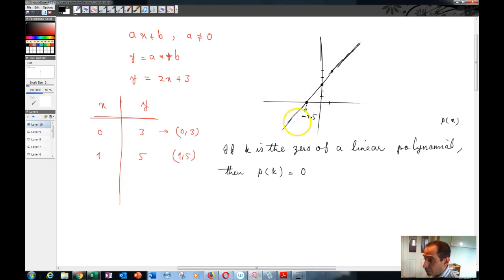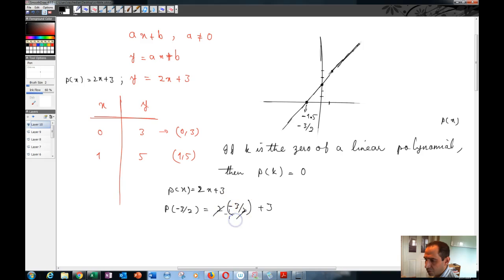And negative 1.5 is the same thing as negative 3 by 2. Okay, and if you input this into this equation over here, let's say that this is p of x is equal to 2x plus 3. Now if you calculate p of negative 3 by 2, you're going to have 2 times negative 3 by 2 plus 3.